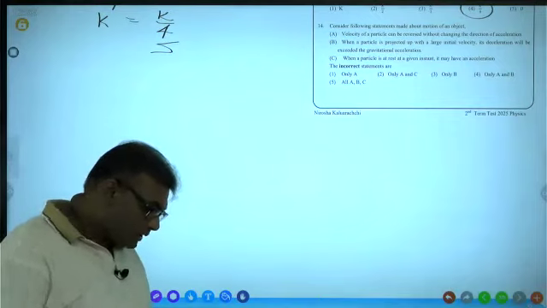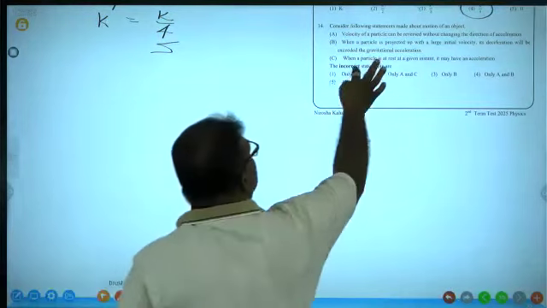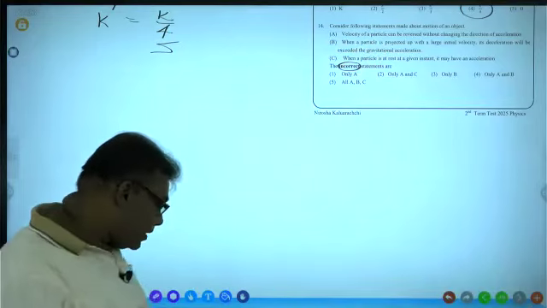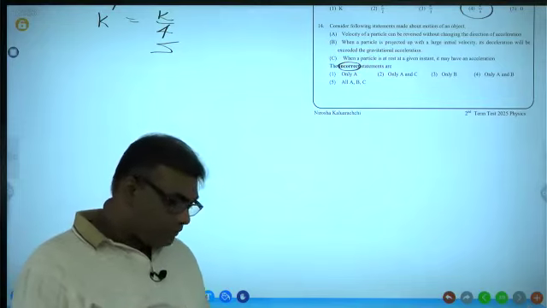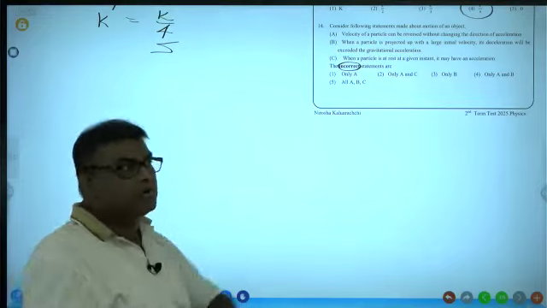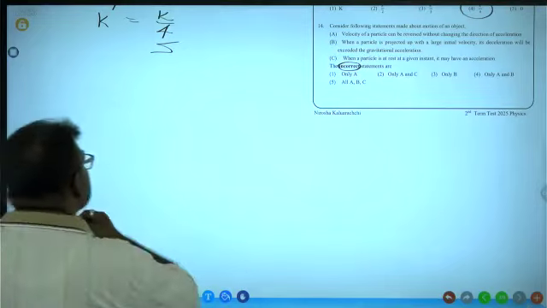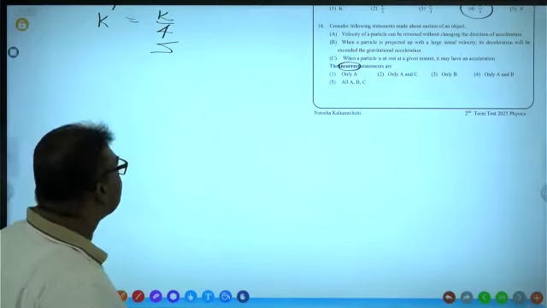They need the incorrect statement, which is bolded here. Incorrect one needed, right? A: The velocity of a particle can be reversed without changing the direction of acceleration. Is it like this?